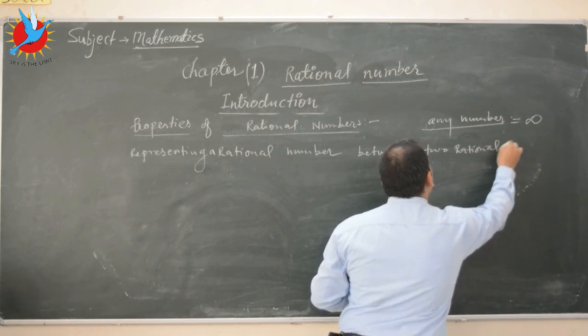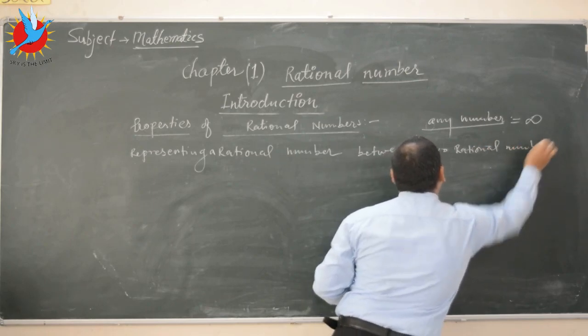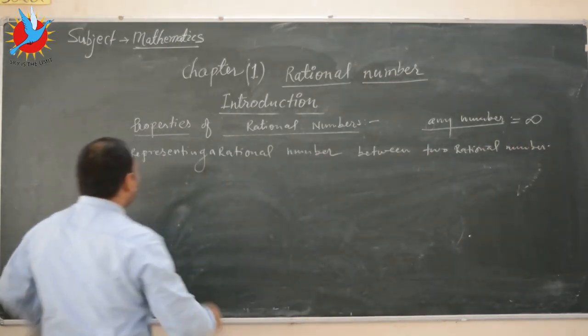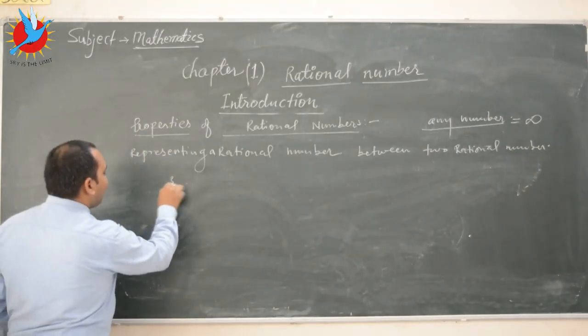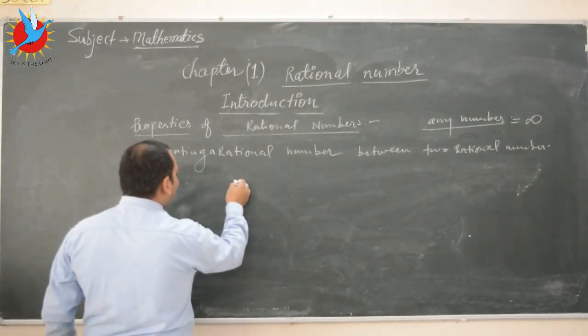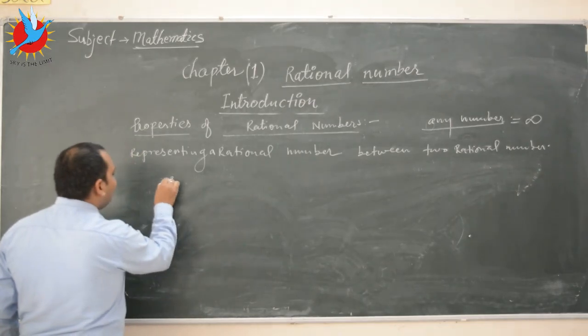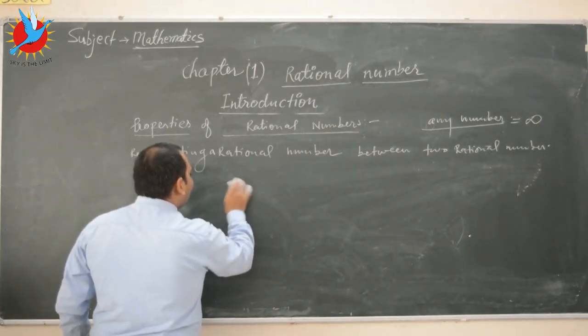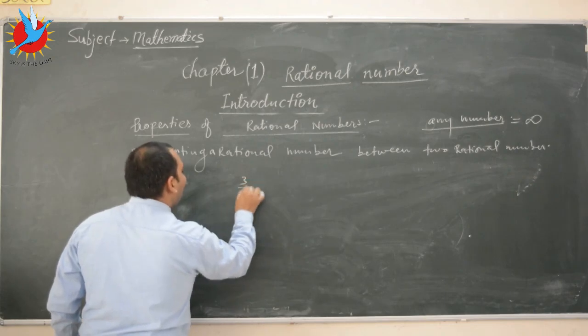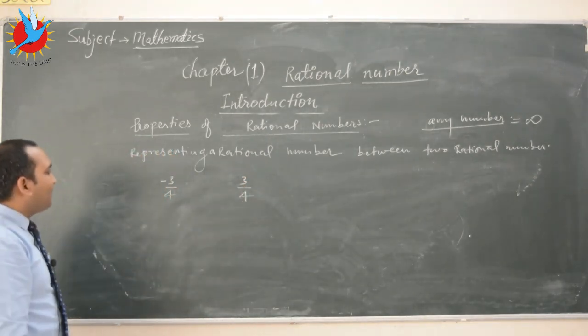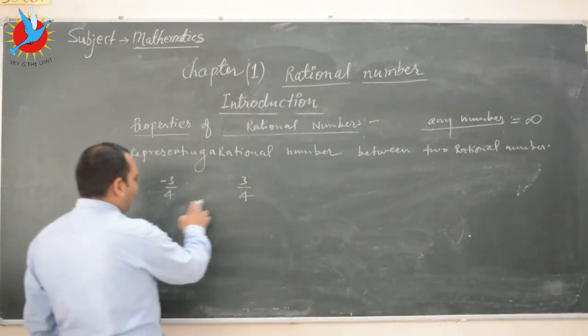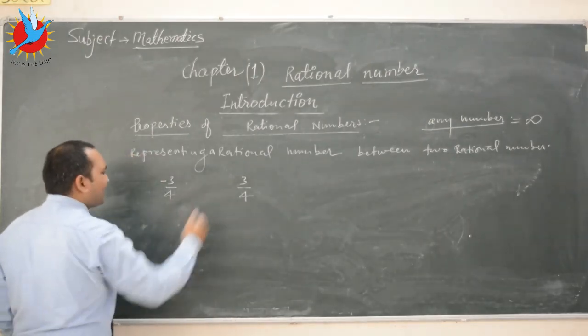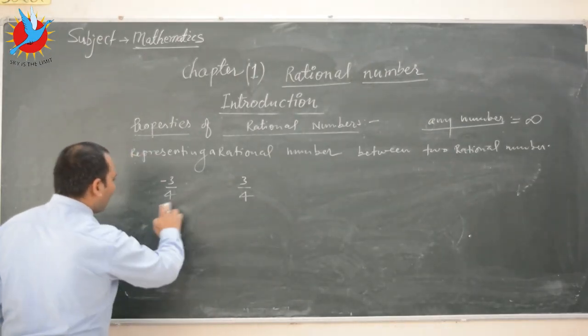Consider the two rational numbers given: minus 3 upon 4 and 3 upon 2. We have to represent five rational numbers between these two rational numbers.